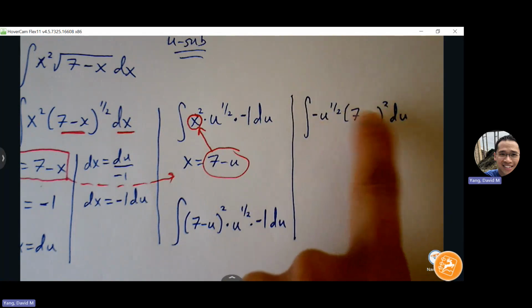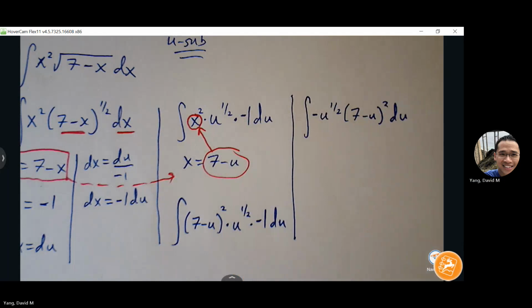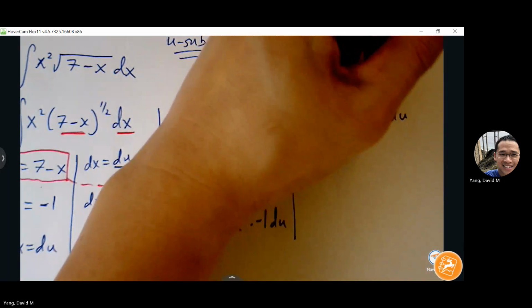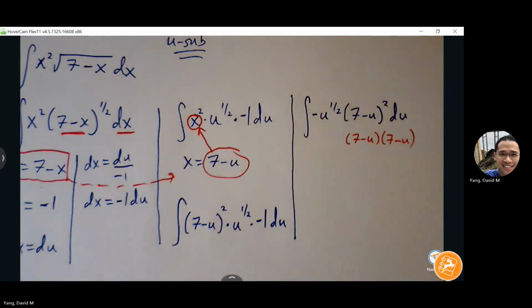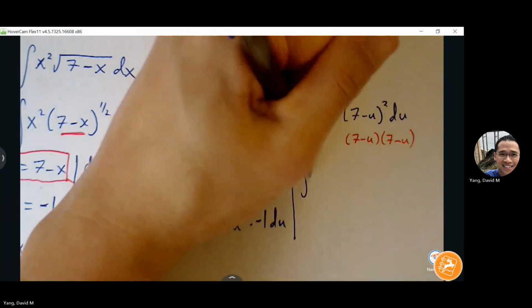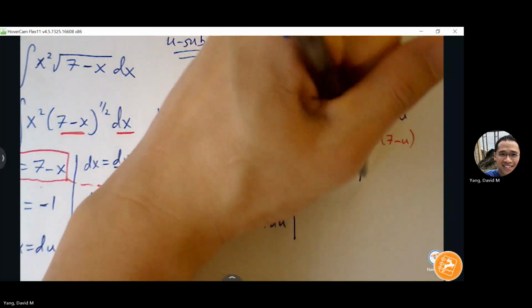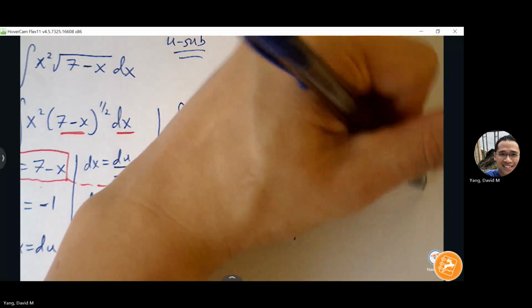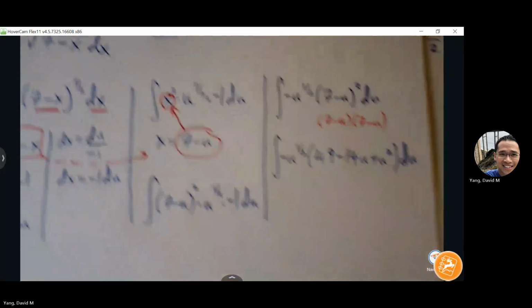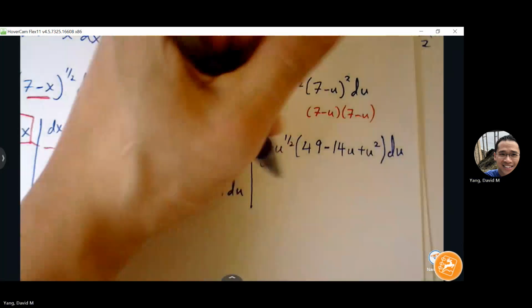So make sure you don't distribute first, that you FOIL first. Okay, almost there. Distribute that -u to the 1/2 through, and then the parentheses will be gone, and then we can do a power rule.